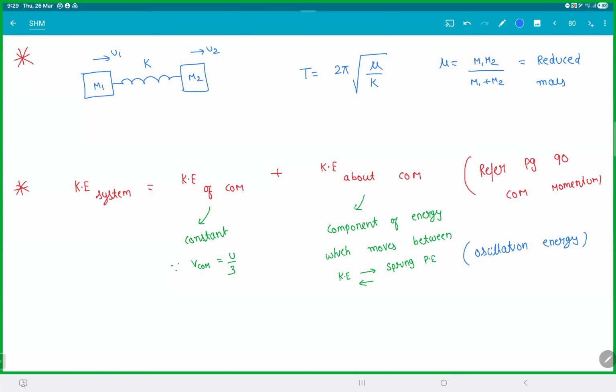Is that making sense? So in our question, what is this value here? So this is your half mu v square. What was this thing? Half center of mass, that would be 3m Vcom square. So whatever is the balance is your oscillation energy.